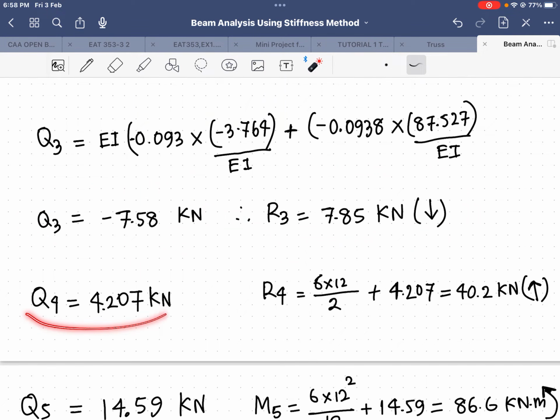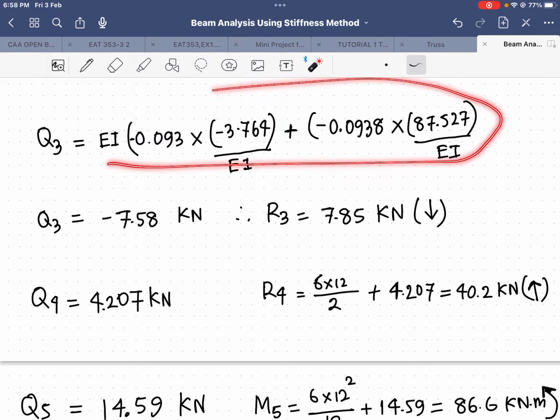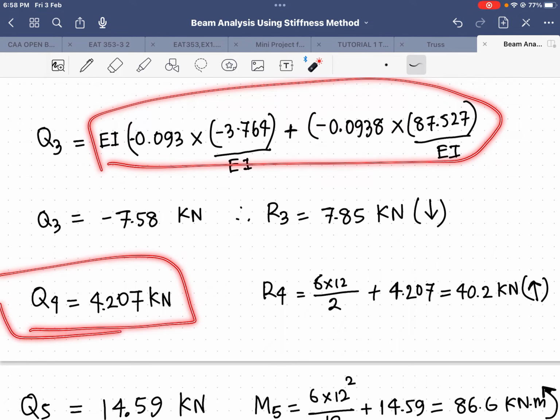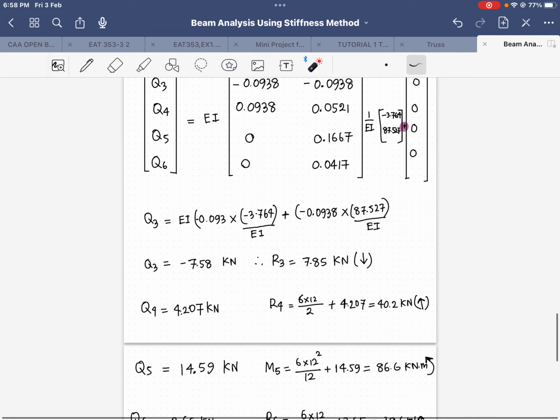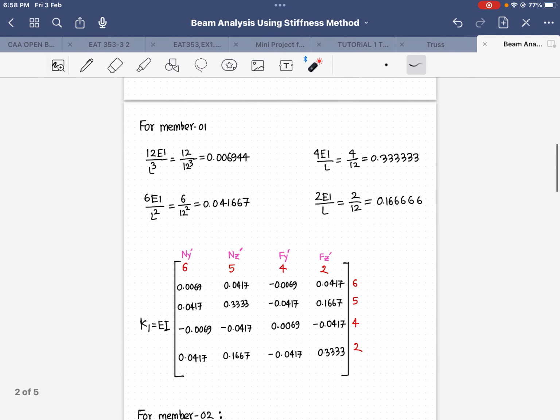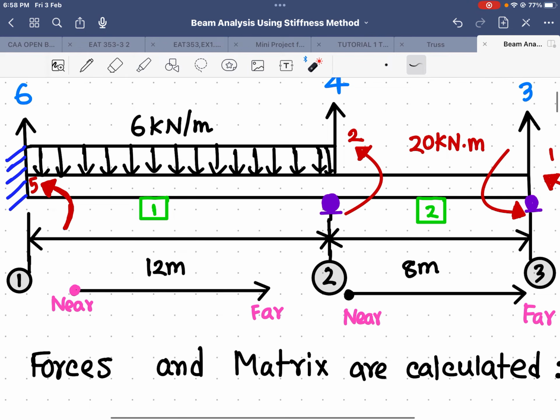Then we will find out the Q4, using the same method. In this case, we have to follow one formula, because Q4 is related with the UDL.